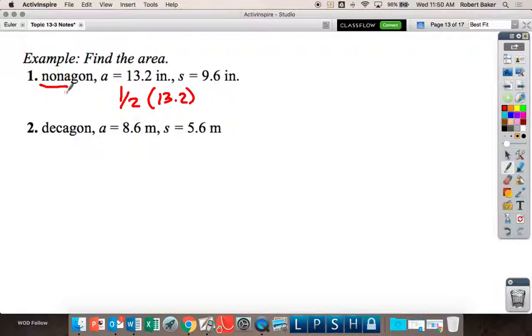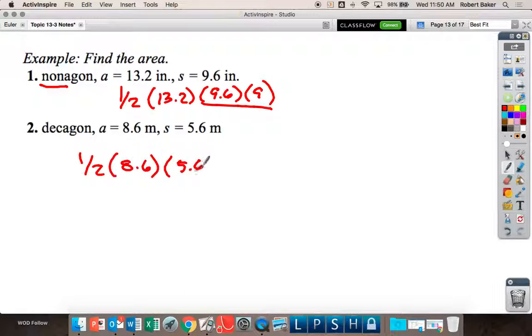So times it by 9, because this is the perimeter: 9 sides that are 9.6 long. That's child's play for you guys because it's already there. It's a plug and chug formula, right? 1/2 times the apothem times the perimeter. A decagon has how many sides? 10.